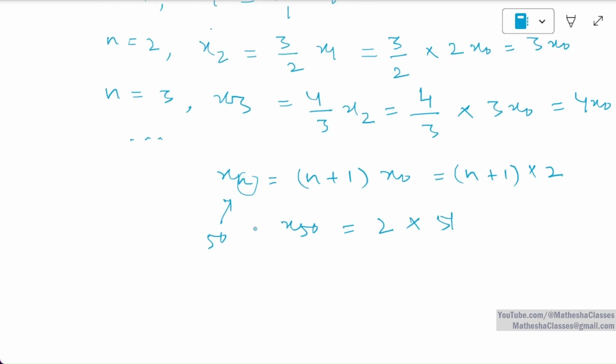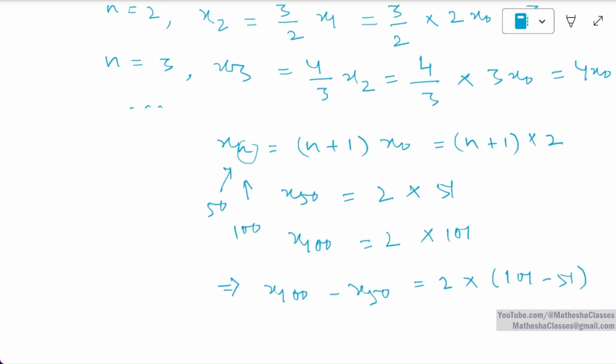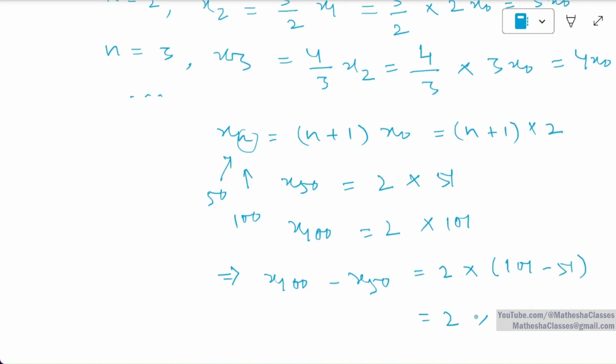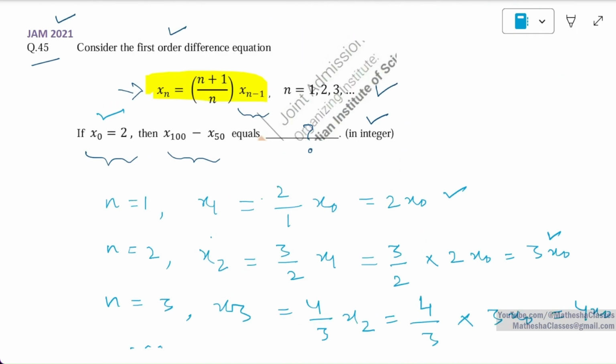If you put n = 100, then you will get x_100 = 2 times 101. Therefore, x_100 minus x_50 = 2 times (101 minus 51), that means 2 times 50 = 100. Therefore, x_100 minus x_50 equals 100.